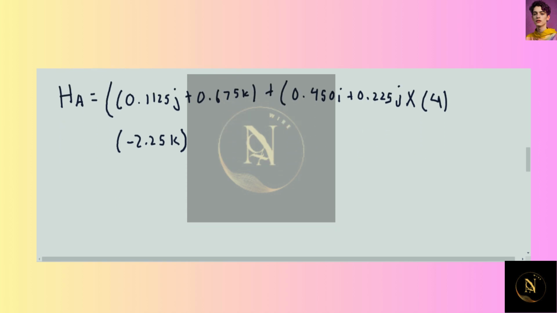And then doing all the calculations, we'll get a final vector for the angular momentum about the point A that's equal to negative 2.03 i plus 4.16 j plus 0.675 k kilogram meters squared.